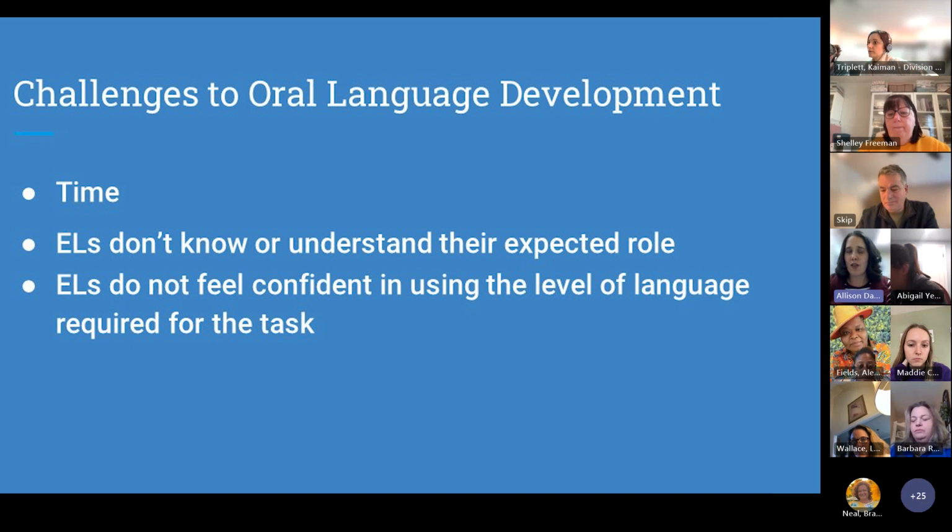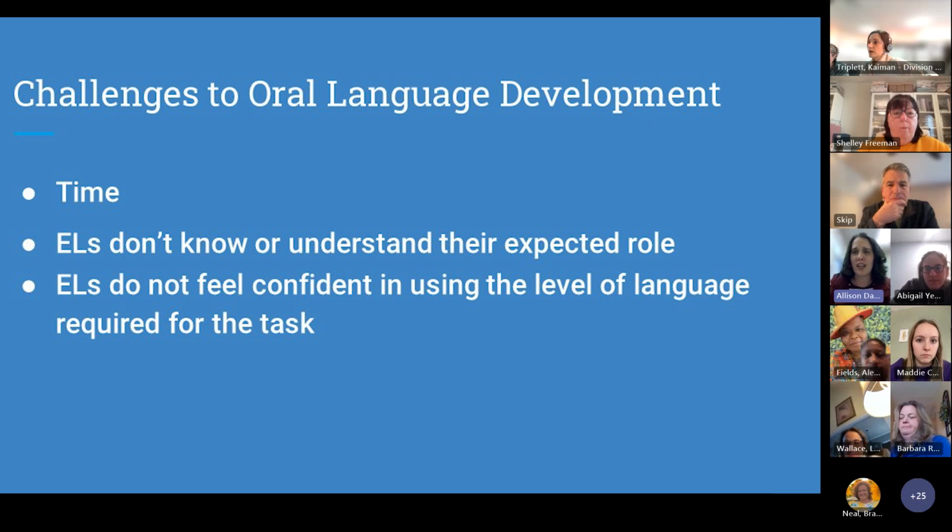Challenges to oral language development. The first one is time, right? Everywhere in education, teachers are feeling more and more of the pressure to cover as much as we can, cover all of the standards, and it's just a constant stress for teachers. Another challenge is that ELs don't know or understand their expected role, and that at times ELs don't feel confident in using the level of language required for the task.